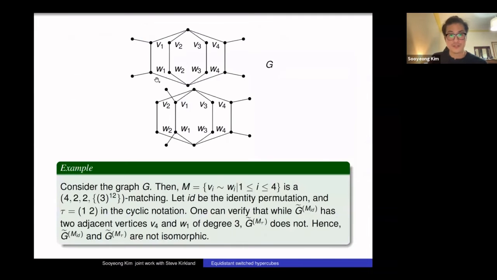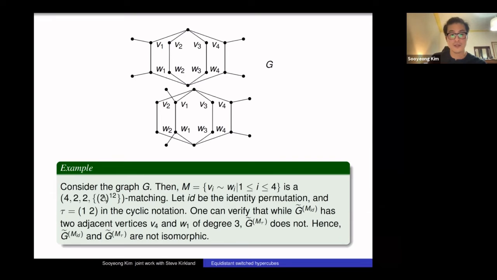Let me show you an example here. Let's consider graph G. As you see here, these 4 edges comprise an equidistant matching. Here, 4 is the number of edges in the matching, and 2 is the distance between V1 and V2, and V1 and V3, etc. Those mutual distances are 2.